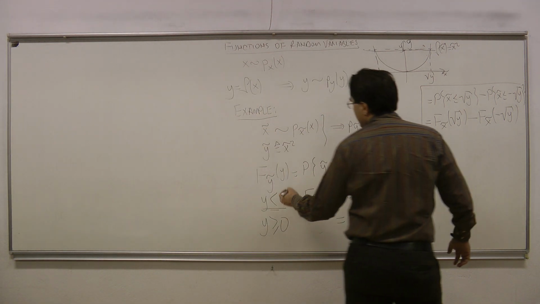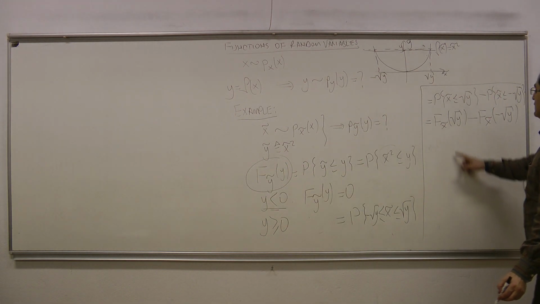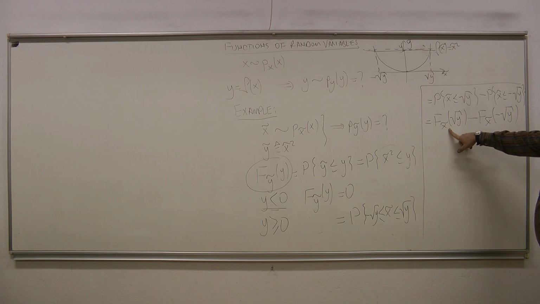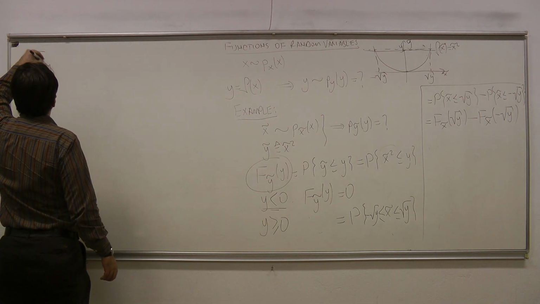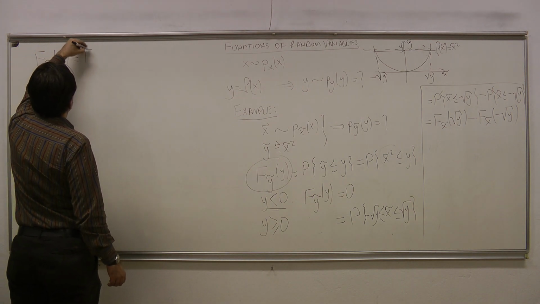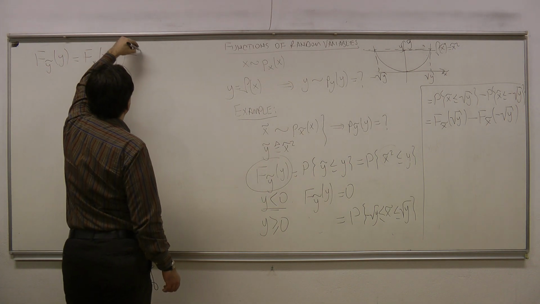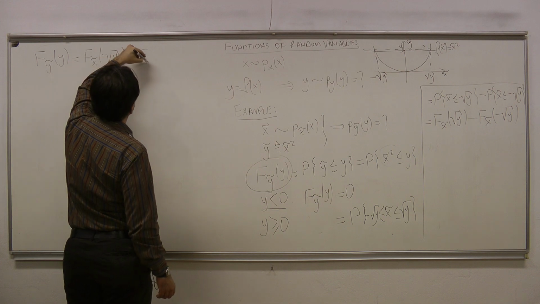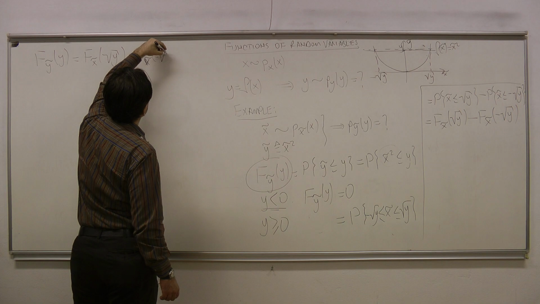So as a result, the cumulative distribution of y tilde is equal to the cumulative distribution of x tilde substituted by square root y, minus the same thing substituted by minus square root y. So I have this expression: F of y tilde of y is equal to F of x tilde of square root y minus F of x tilde of minus square root y.